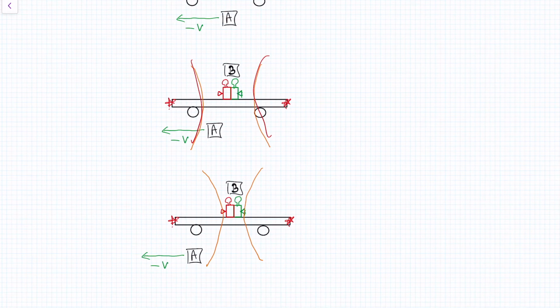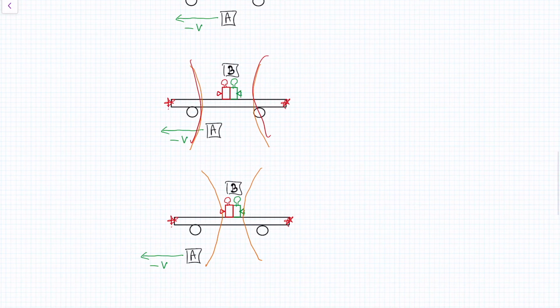For the person at B, both light waves, from left and from right, reach the detectors at the same time. So in other words, we will get red light here. That was the rule, yeah? So the person at B will observe red light.